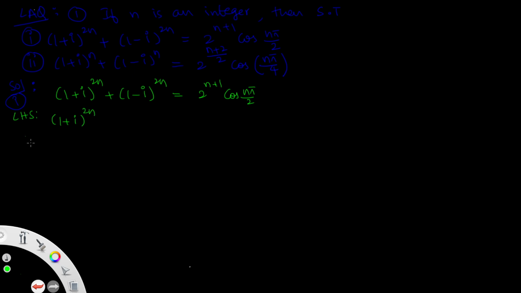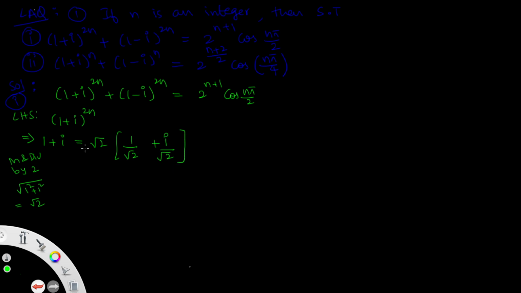For this I am doing 1 plus i first: multiply and divide by root 2. Why? Because root over 1 square plus 1 square gives root 2. So multiply root 2 and 1 by root 2 plus i by root 2.